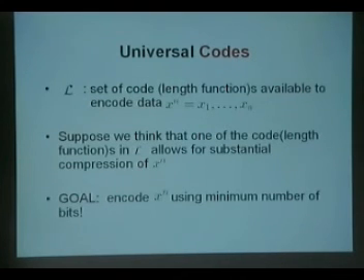Now, if I'm only interested in code lengths, I should think of the set curly L as a set of length functions corresponding to the codes. So I'm not interested in the details of the code, just in the lengths for different sequences I get using a particular code. It's like L rather than C. So suppose I have some finite set of codes. I want to compress data as much as possible using any of these codes, so I want to use the code which is best for the particular data.